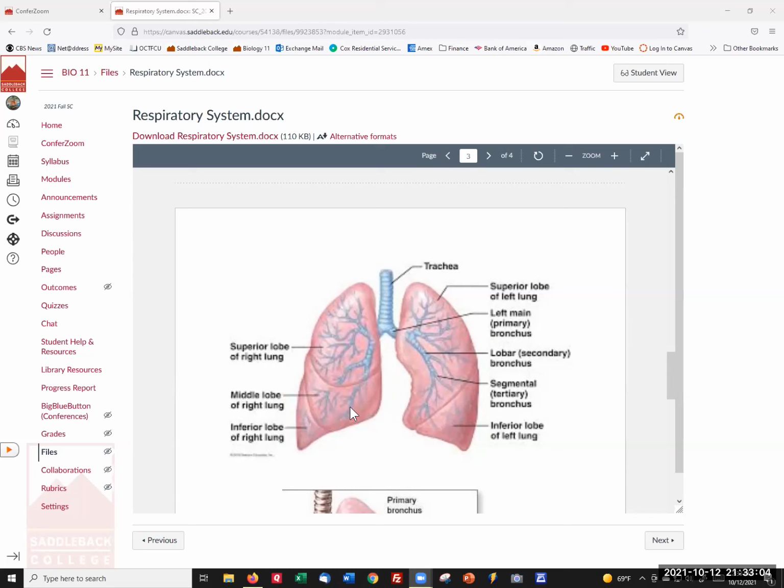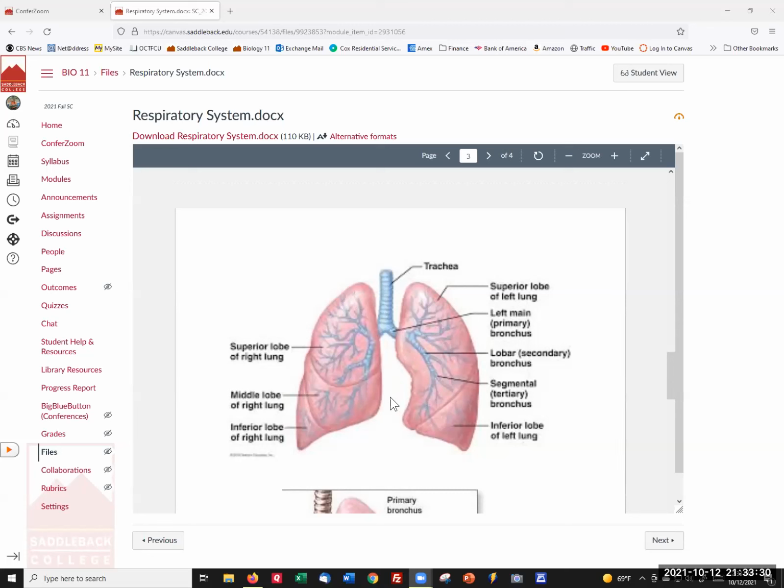We have one here that's showing, one down here doesn't show, and the one here does show. We have 5 lobes to the lung that you can see here, and each of them is served by one lobar bronchi, okay? And you can also call them secondary bronchi.